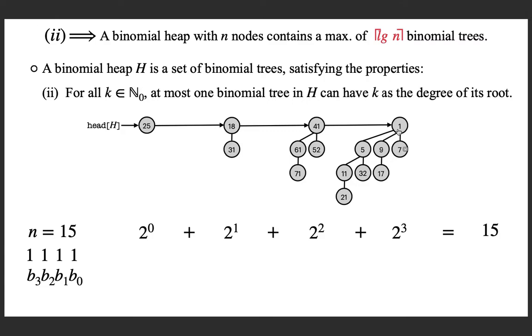It is nothing but 2 to the power 3, because it is B3. 2 to the power 3 plus 2 to the power 2, it is B2, plus 2 to the power 1 plus 2 to the power 0 is 15. And if you look at the binary equivalent of 15, it is 1, 1, 1, 1. So the total number of nodes will be 2 to the power 0 plus 2 to the power 1 plus 2 to the power 2 plus 2 to the power 3. These are the bits.